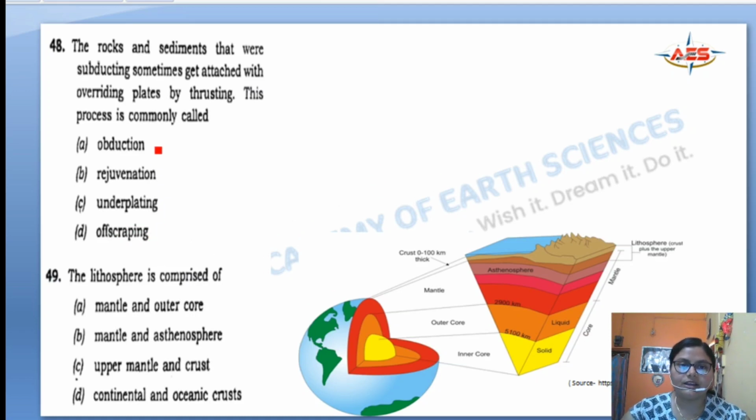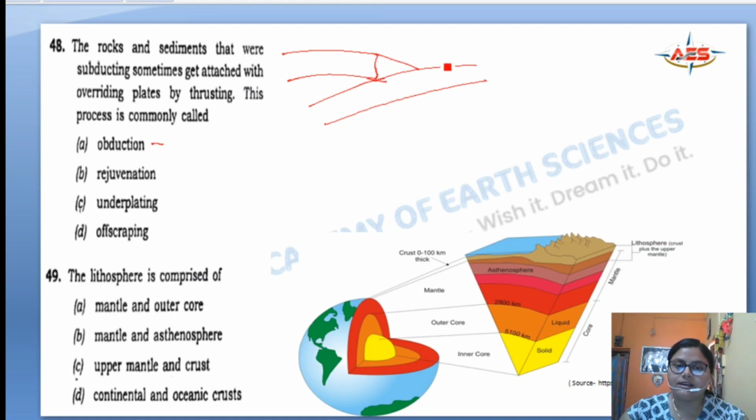Now see, abduction, in the case when there is an overriding plate and another plate that is subducting, generally the sediments of the subducting plate are scraped off from the top of the plate and they are thrusted onto the overriding plate. Okay, generally abduction is found when the oceanic plate is subducting and parts of the oceanic plate are abducted or thrusted onto the continental plate. Okay, in the case this is continental plate, this is oceanic plate, this is called as abduction.